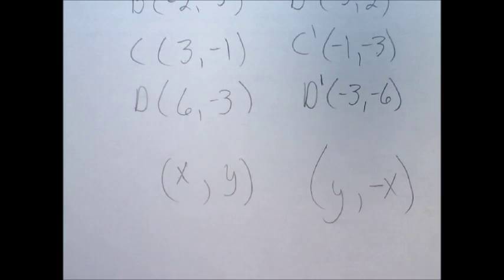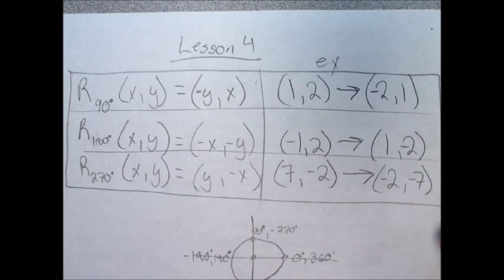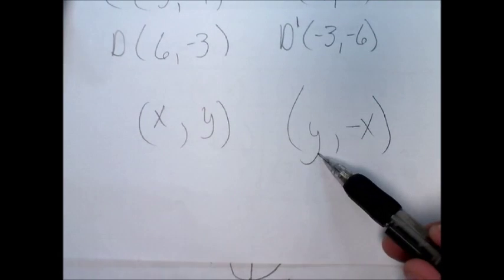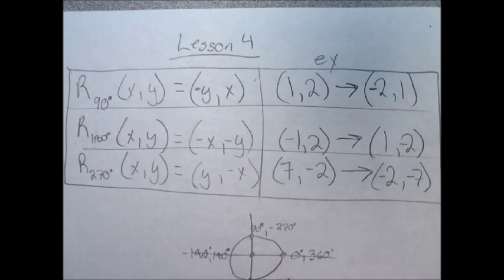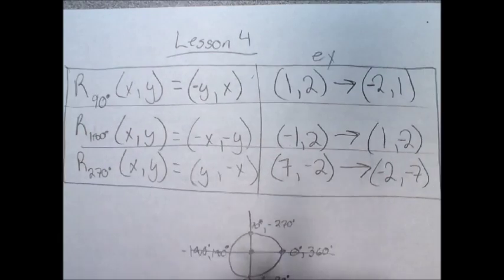So it says, what happened to this? So I'm going to go back to my chart. I want to see if it follows any of the rotations. It'd be fairly obvious if it was a reflection, right? You'd just be able to look at it and tell that it was a direct reflection, but it doesn't look like it was. So I think it's a rotation. I'm going to look at it, see which one of those falls into the Y, -X. So looking at them, there's a rotation of 270 degrees. So I'd go back to answer my problem.